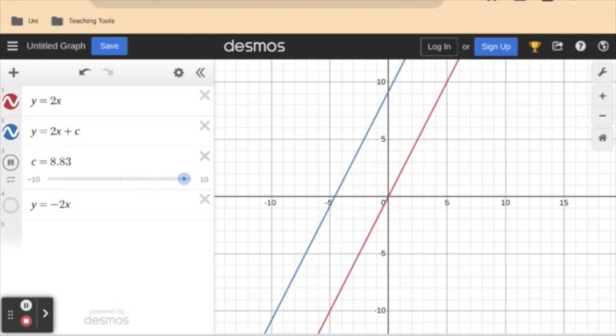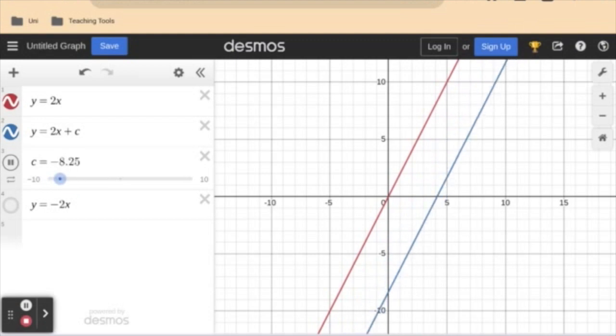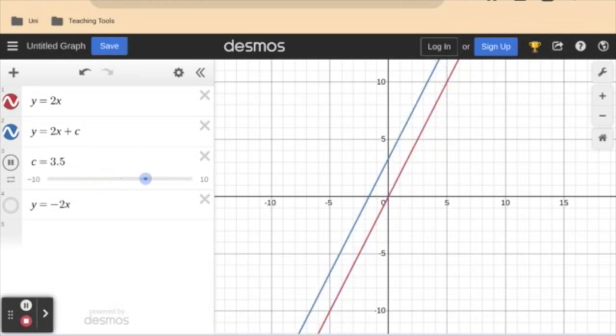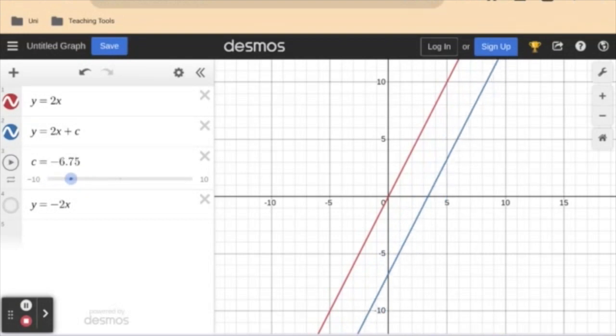If I let this play through a little, you can see my intercept's changing, so it's definitely nothing to do with the intercept that makes them parallel. It is the gradient. Regardless of the intercept of my blue line, what makes it parallel to the red line is the coefficient before the x, the 2, the gradient.